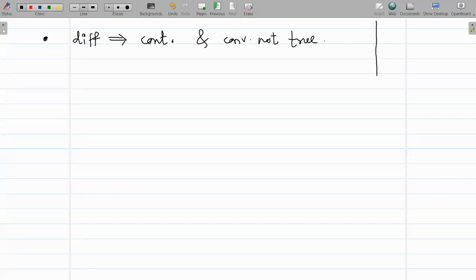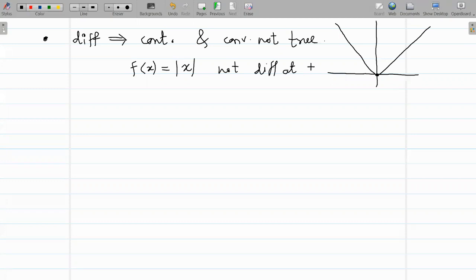As a typical example, you have this kind of a function which has a problem at 0. At 0, the left side derivative is the slope of this kind of tangent, whereas the right hand side derivative is the slope of this tangent; that will be 1, and here it will be -1. To be precise, f(x) equal to mod x creates a problem, not differentiable at 0.